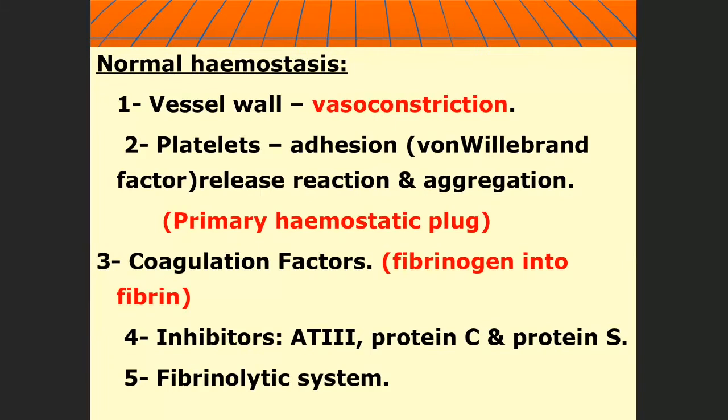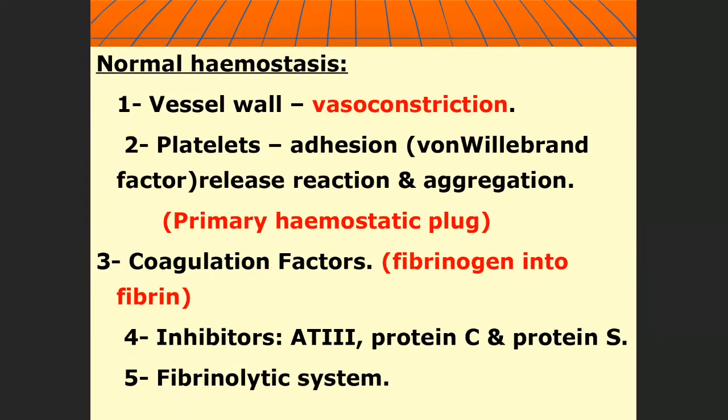Following injury of the vessel wall, platelets will adhere to the subendothelial collagen. So we have platelet adhesion. Following platelet adhesion, we get platelet activation, which is the release reaction, and platelet aggregation to form the primary platelet plug or hemostatic plug, which is unstable.